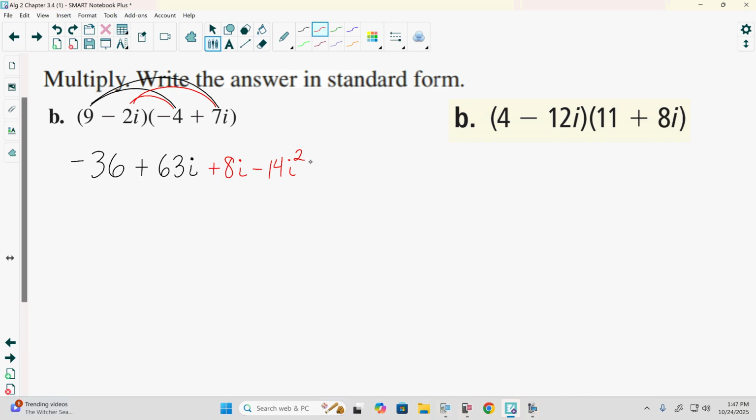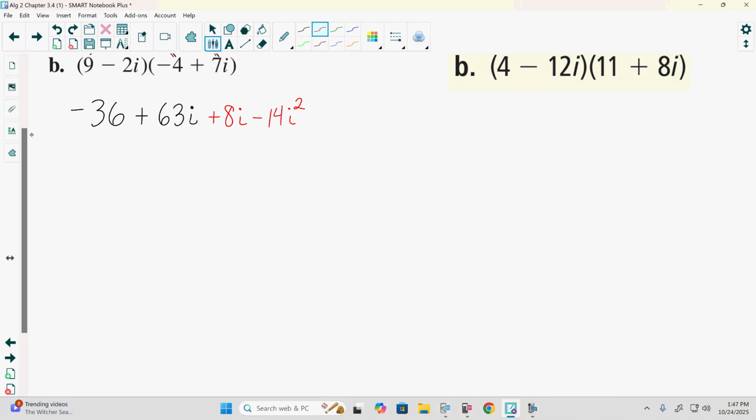Now at this point here, we're going to have to combine like terms and simplify. Negative 36 at this point does not have any like terms. Our 63i and 8i are like terms, and they'll give us 71i. And i squared, we have to simplify, which simplifies to negative 1.